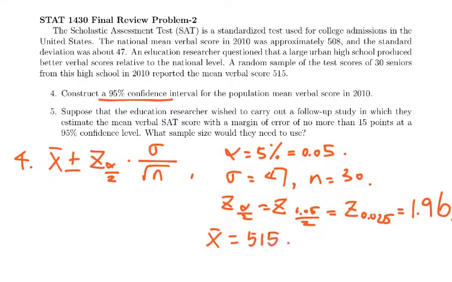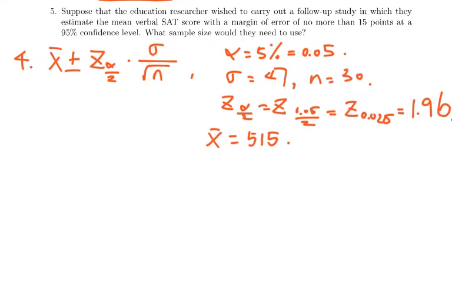Now we plug all the numbers into this formula. The 95% confidence interval is 515 plus or minus 1.96 times 47 divided by square root of 30.